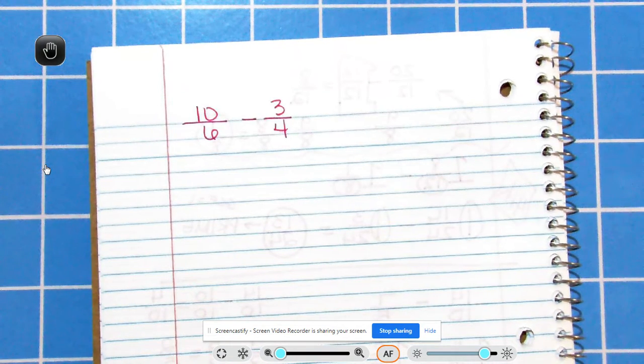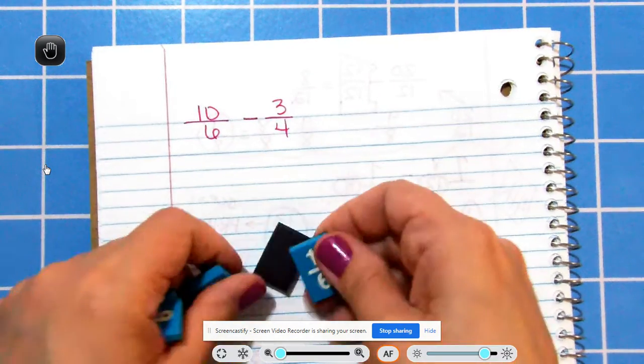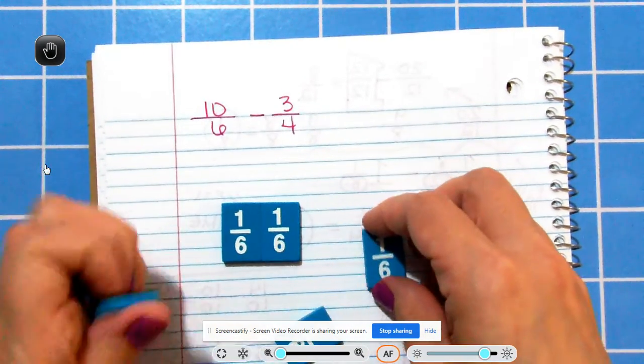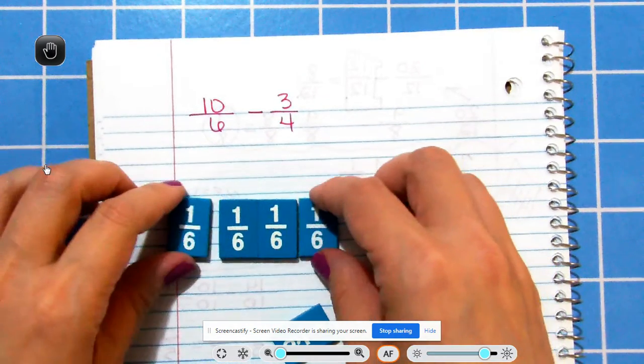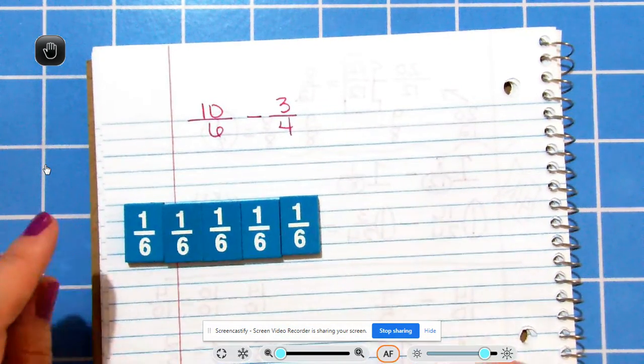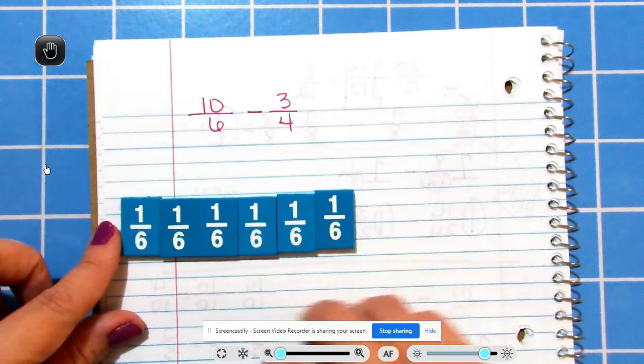All right, so we have 10 1/6 pieces. Hopefully you guys are already thinking about what the mixed number would be.